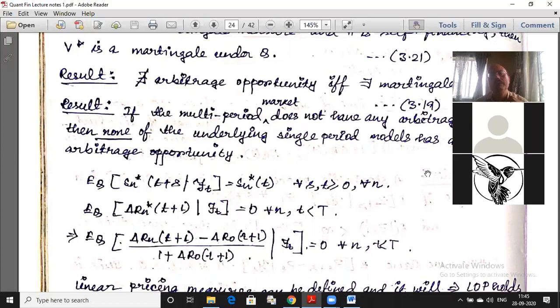But you see, it's actually easier than that because the reverse statement can be shown to be true just by construction. If all the underlying single period models have no arbitrage opportunity, then you can just overlap them and by construction show that the multi-period market cannot have arbitrage opportunities unless you put zero probabilities somewhere.